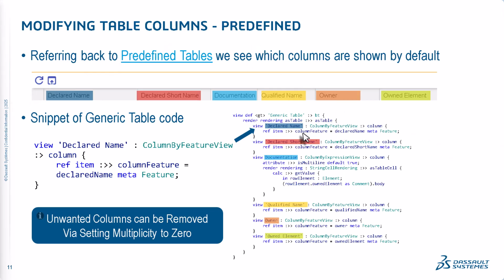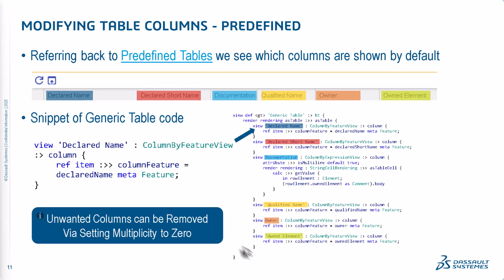So let's take a look at what these 6 columns are. So across the top here, we see what this would look like from default. We have these different colors representing each column, and then further shown in the textual notation.